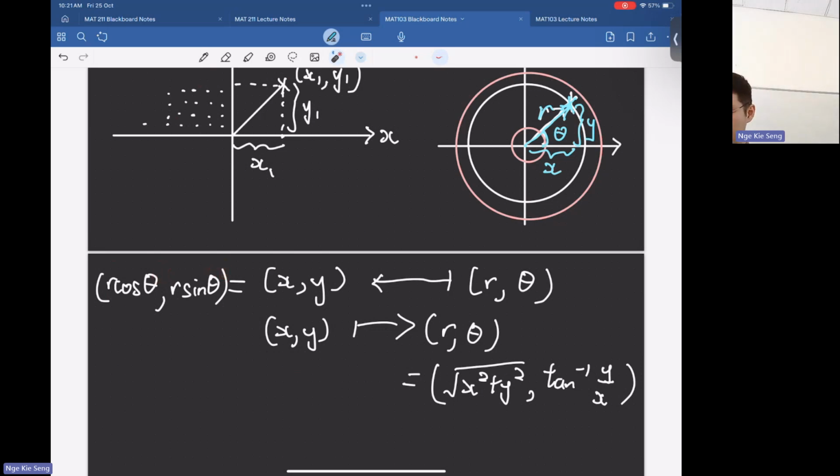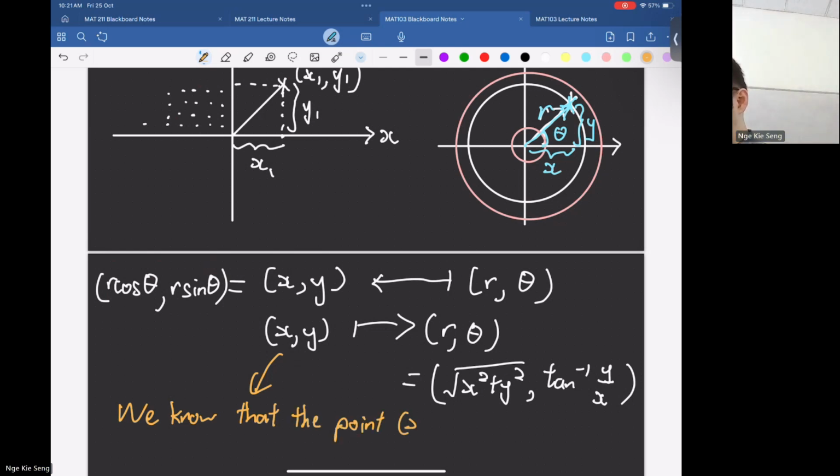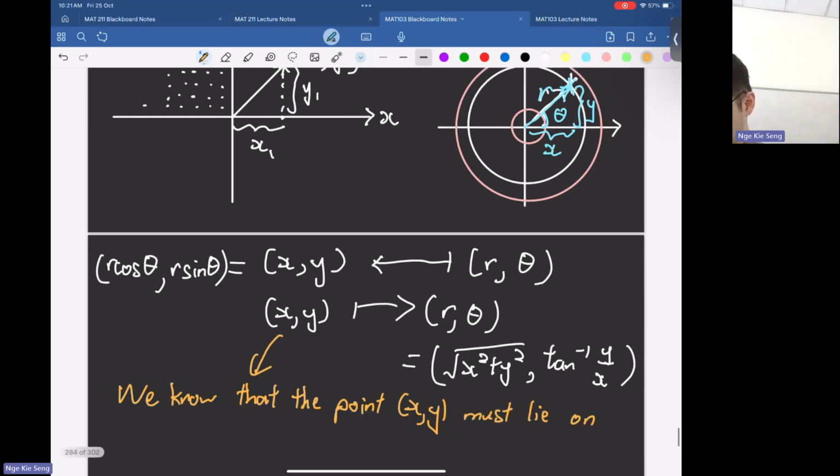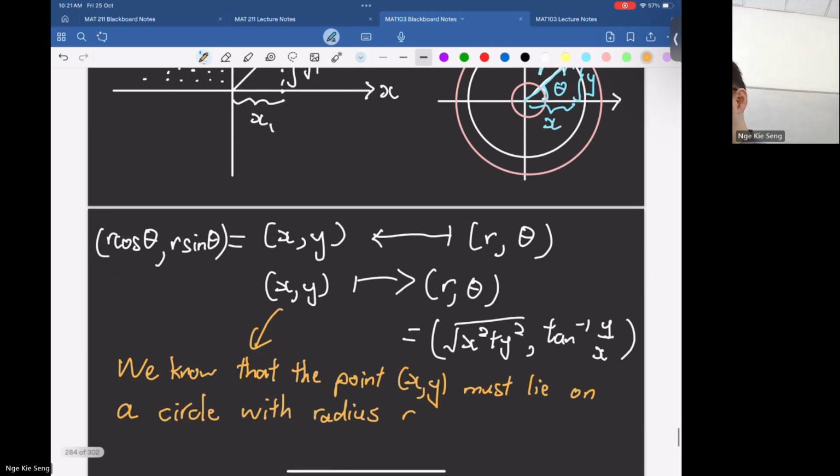Okay. So let me write down the logic here. We know that the point xy must lie on a circle with radius r, for some r, centered at the origin.